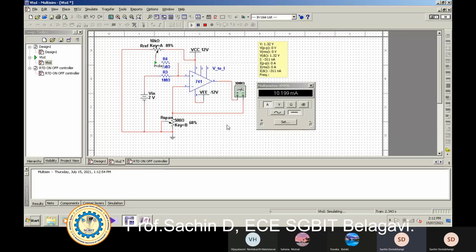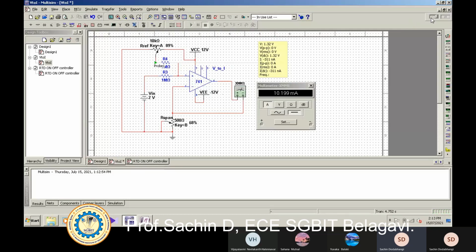Got it? You need to perform this one in Multisim. This is a part of the practical syllabus, out of syllabus. Out of syllabus means we have taken a non-unity amplifier. Using the non-unity amplifier, we have designed it for a V2I converter. Only a small change I have done: I have connected one more pot here so that I can get extra voltage that can supply for 4 milliampere. Even though I give 0 as the input, I need to get 4 milliampere.